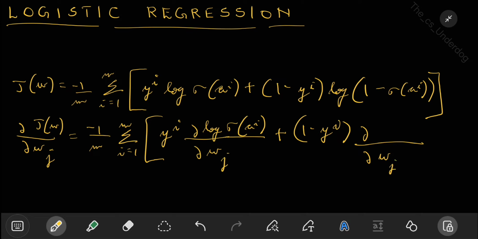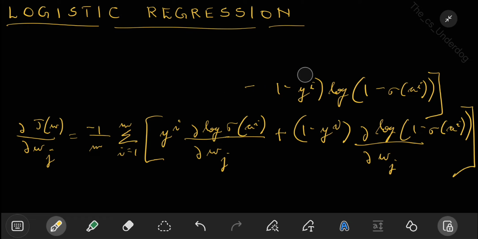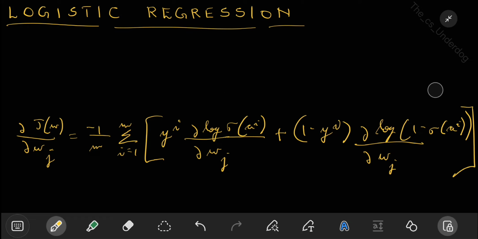In order to take this derivative, there are two terms you have to learn about: one is del by del Wj of log sigma ai, and the other is del by del Wj of log 1 minus sigma ai. If you know both these terms, the remaining you can find out. So let us find both these terms now.